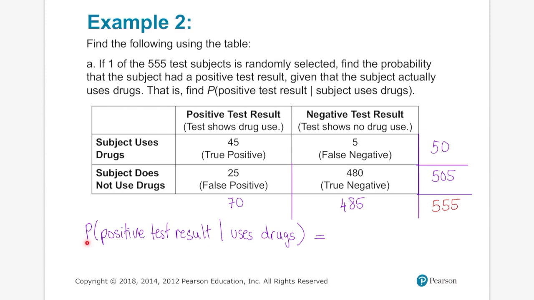I want to find the probability of positive test result given that the person actually uses drugs. This is the condition that they gave me. They told me that person is using drugs. That means I'm not going to look for a person in 555 people. I know that the person is actually using drugs. So I'm looking at the row of the people who actually use drugs.